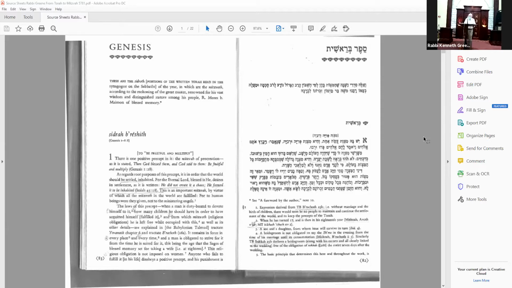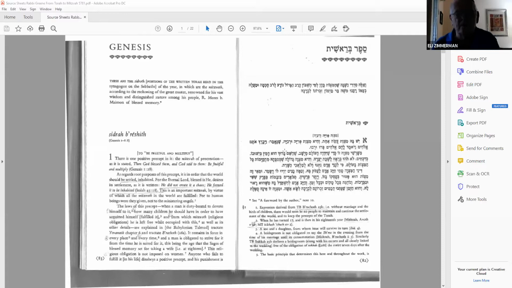So he says, of course, what is the first mitzvah? Pru urvu, mitzvah piria v'rivya, be fruitful and multiply. So he tells us at the outset, there is one positive precept. Precept is his word for mitzvah. So number one, it tells us how many are in the portion of Bereshit, of Genesis: only one mitzvah.